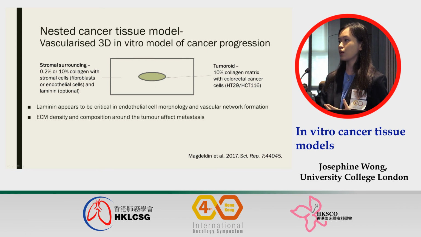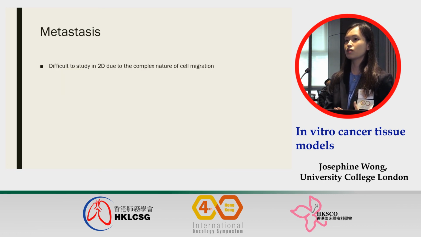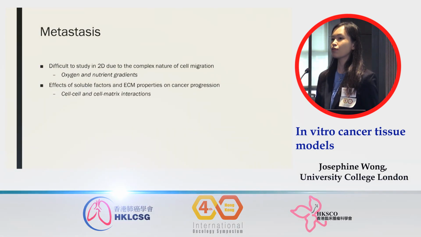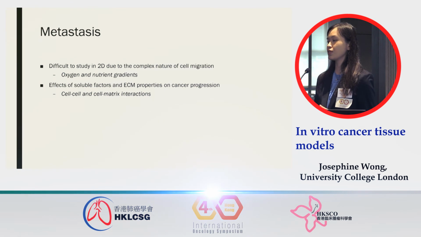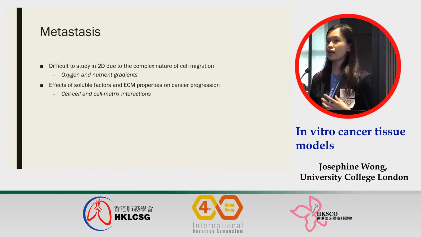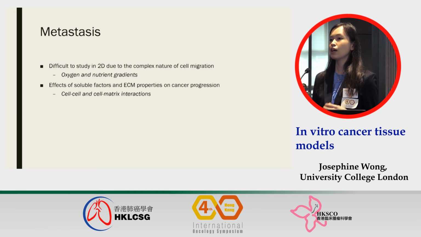Other things you could study are the effect of oxygen gradients and nutrient gradients. This can be easily incorporated into the scaffolds by altering cell densities, as high cell densities will obviously use up more oxygen and nutrients within scaffolds.